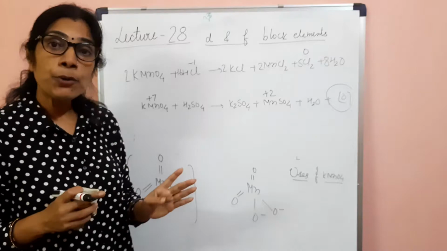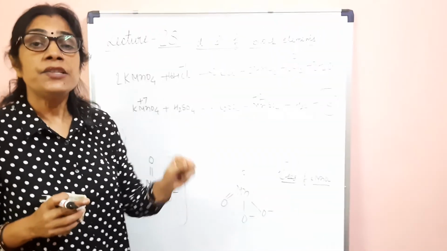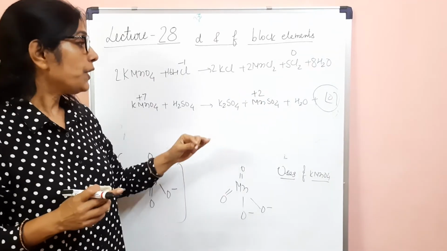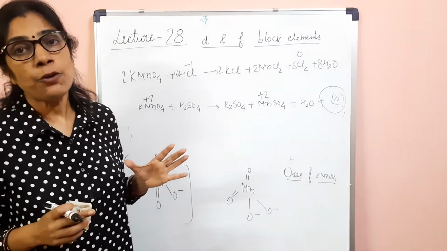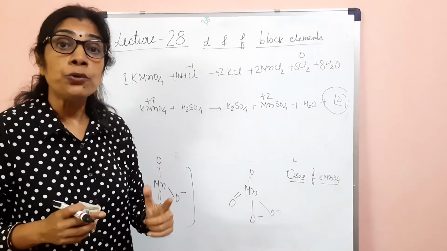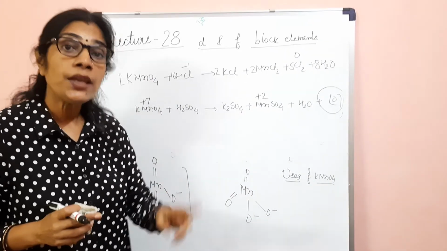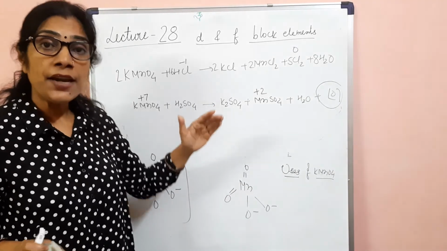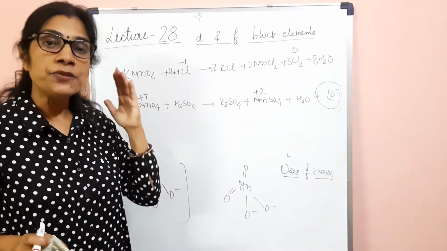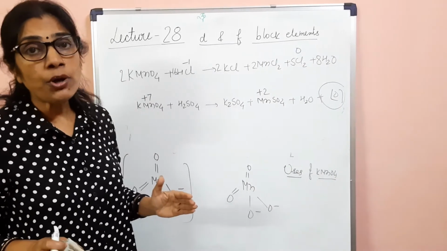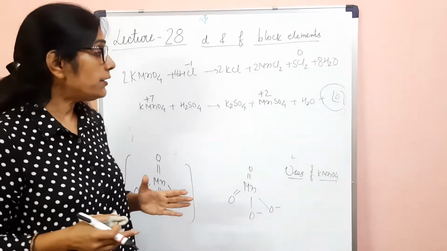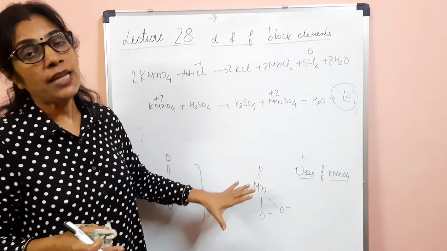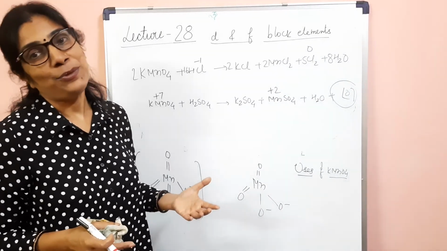Then its physical properties, color, state, solubility, and most importantly its ability to act as an oxidizing agent in acidic, basic and neutral, all three media. Molecular and ionic equations you should practice well, as I repeatedly said. Then the structure of manganate and permanganate ion, and finally its uses.